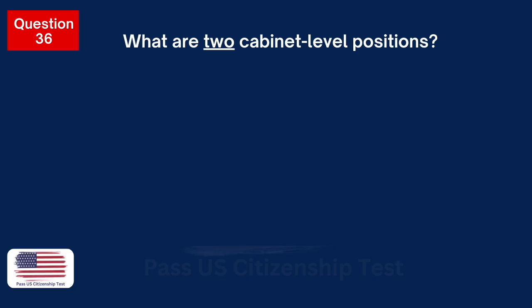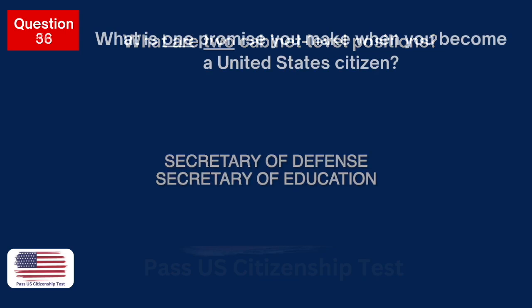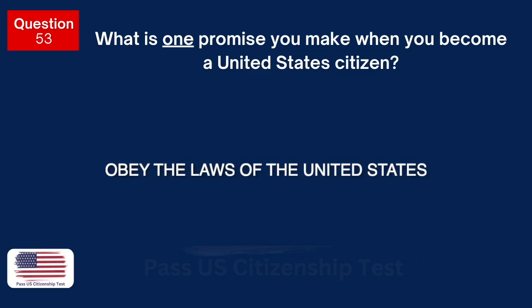What are 2 cabinet-level positions? Attorney General, Vice President. What is one promise you make when you become a United States citizen? Obey the laws of the United States.